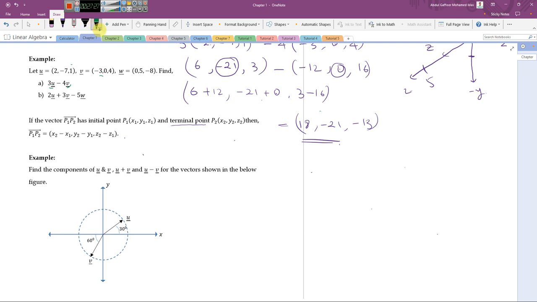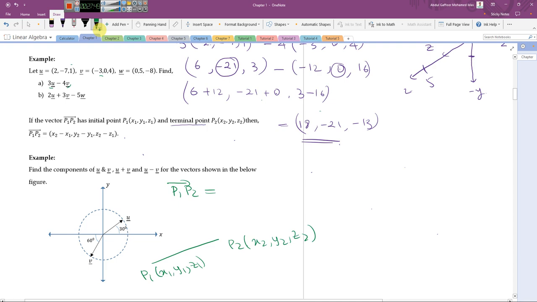So here you see, let's say this is p1 and this is p2. The coordinates of p1 are x1 comma y1 comma z1, and the coordinates of p2 are x2 comma y2 comma z2.